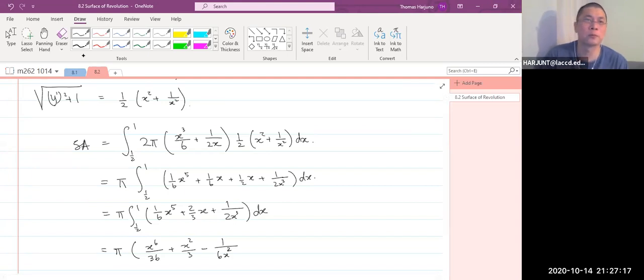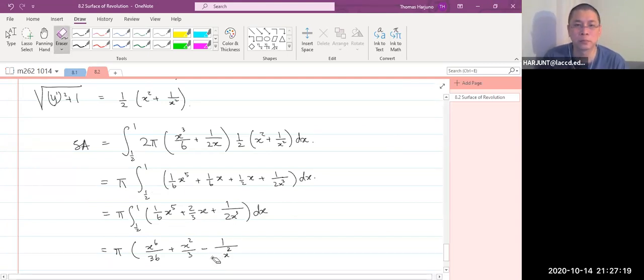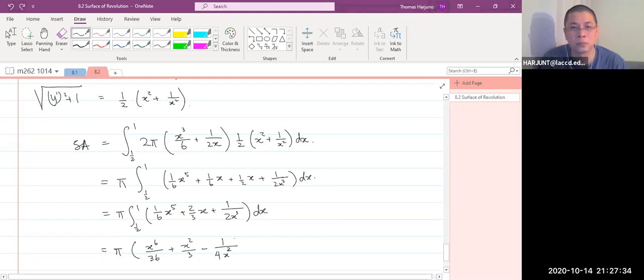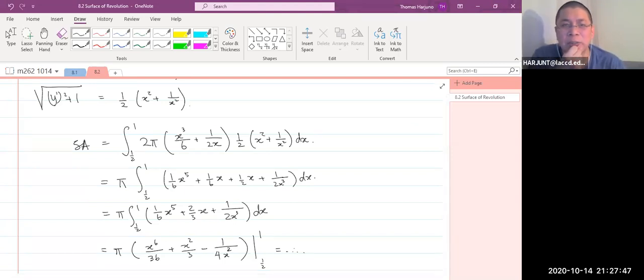It's 1/4, from 1/2 to 1. And you can compute it yourself from there. So it's not that bad actually, huh? It is actually not that bad.